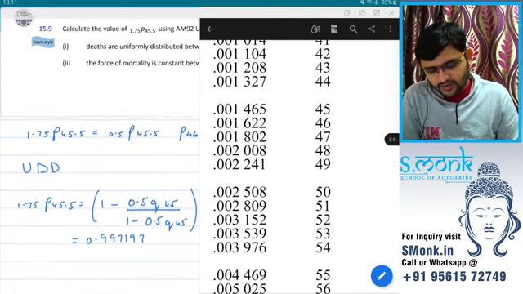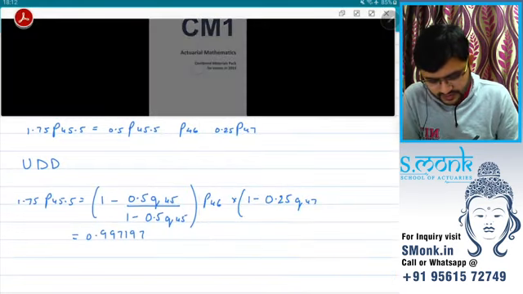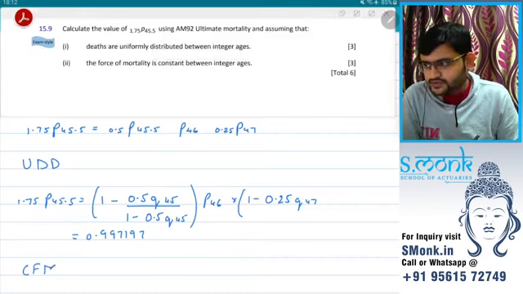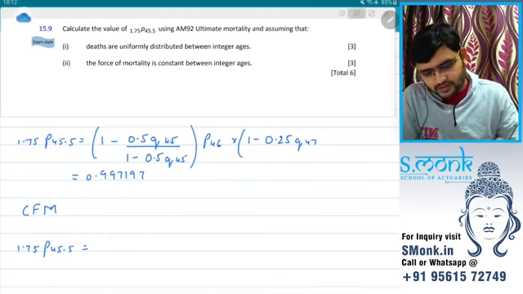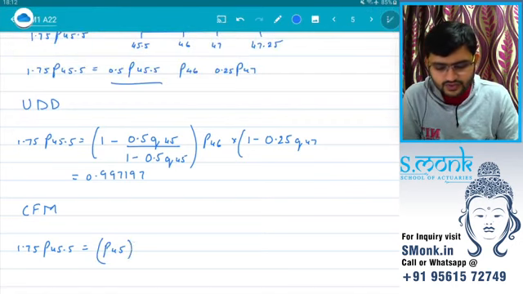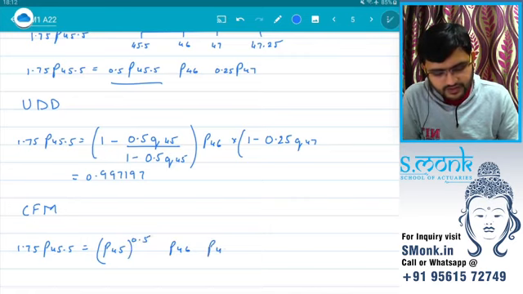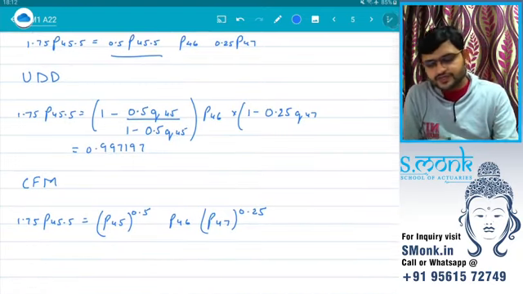Okay, what about constant force of mortality? What will we say? 1.75 p 45.5 will be equal to p45 raised to 0.5, p46 and p47 raised to 0.25. Again, you can use these p values in terms of L, but 1 minus q would be easier for us to write.